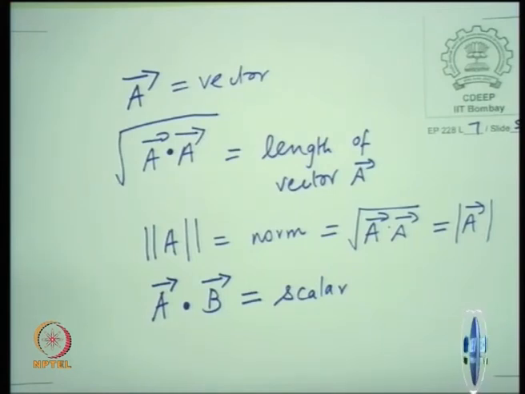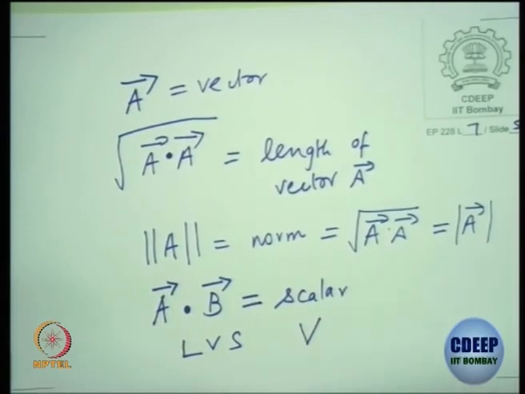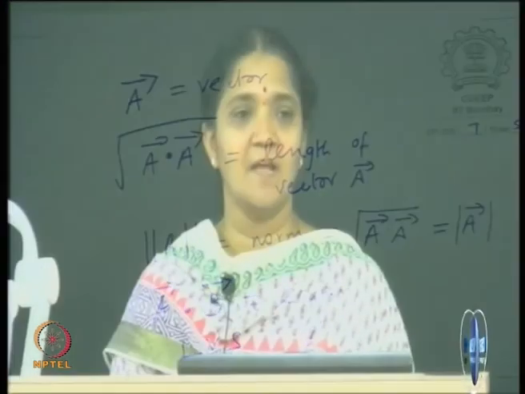And these are things which we need to have a handle on: vectors, length of a vector, dot product of vectors in 3 dimensions. And how do we go to an abstract notation is what we should see. Now, with this knowledge of 3-dimensional R3, we would like to go to an abstract linear vector space, which is V. How to find the basis set? Looking at the basis set, the number of vectors in that basis set will give the dimension of the vector space. How to define a dot product?